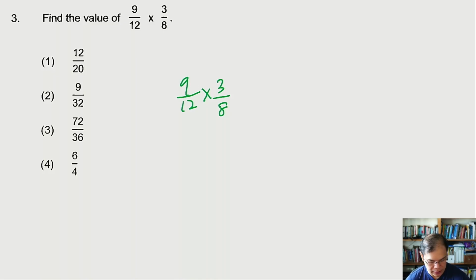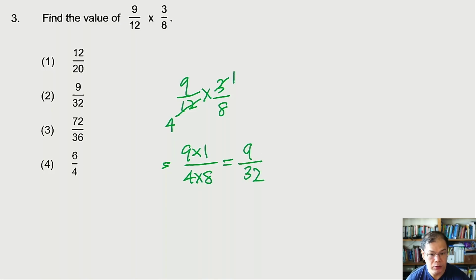So 9 and 8 do not have a common factor. 3 and 12 have a common factor of 3, so I can cancel 3 and 12. 3 divided by 3 is 1. 12 divided by 3 is 4. Okay, so it becomes 9 times 1, 4 times 8, which is 9 out of 32. So the answer is 2.